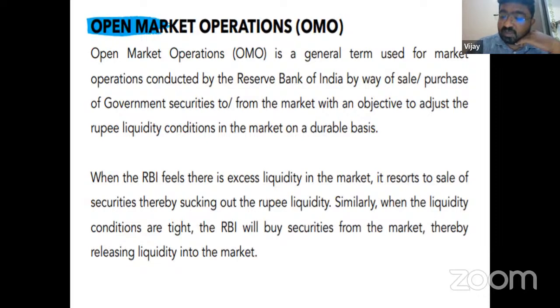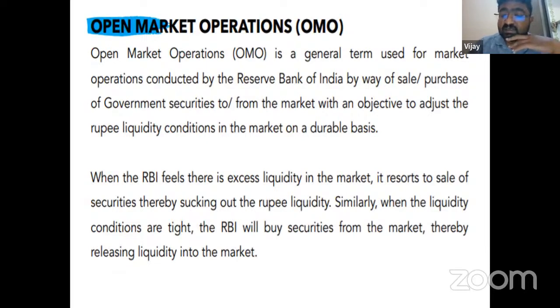So in order to wipe off the liquidity, RBI will sell government securities to commercial banks to take away the excess liquidity.